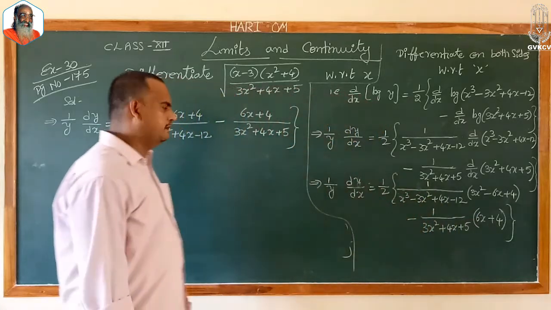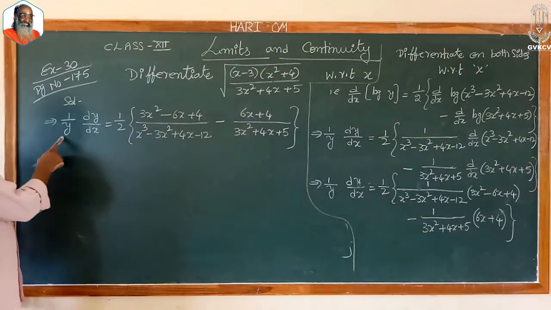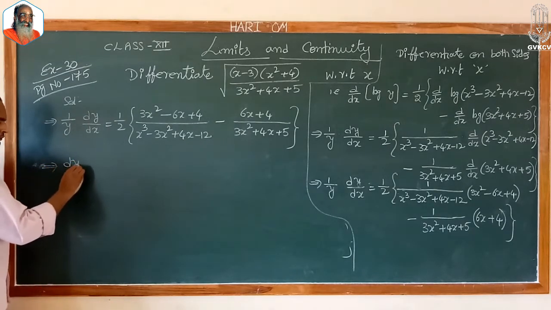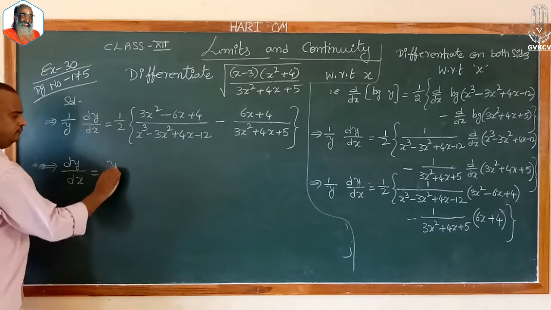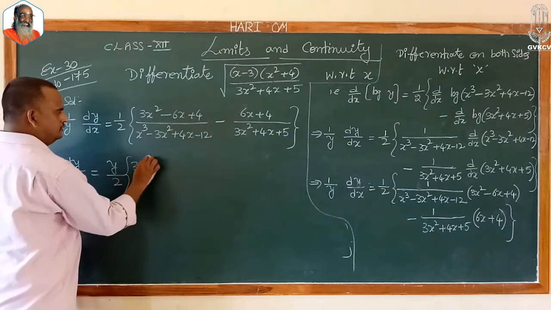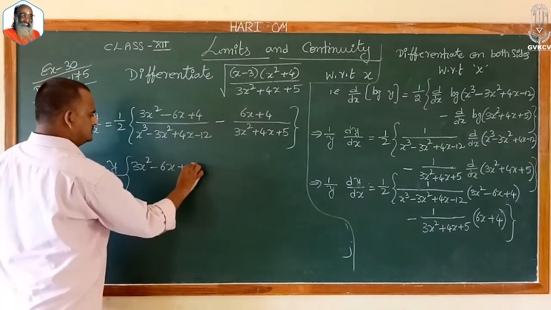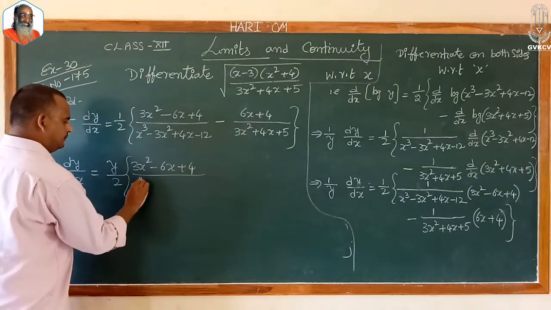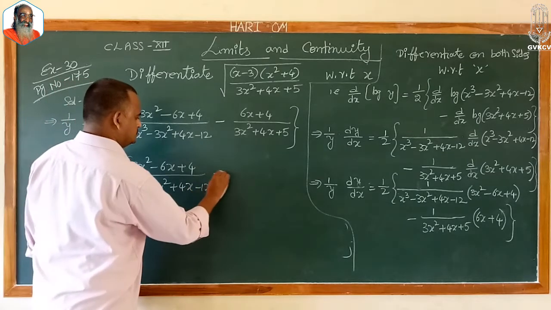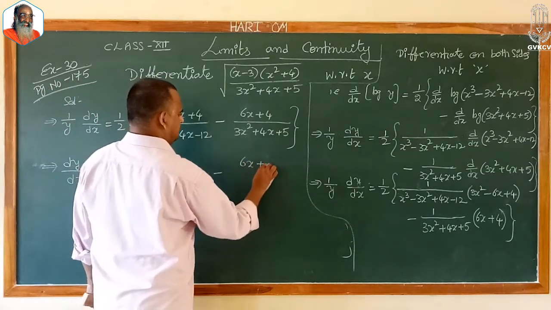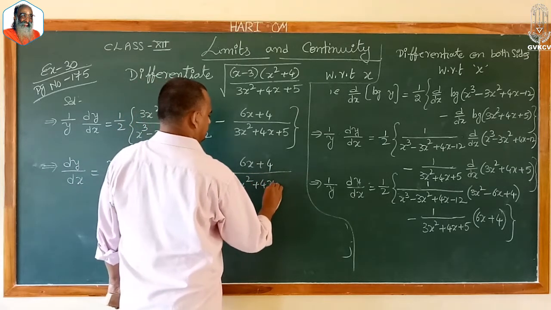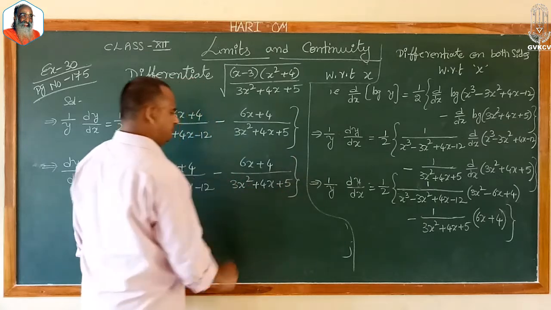Now here 1 by y is divided, it comes to this side and multiplies. That implies dy by dx is equal to y by 2 into [(3x square minus 6x plus 4) by (x cube minus 3x square plus 4x minus 12) minus (6x plus 4) by (3x square plus 4x plus 5)].